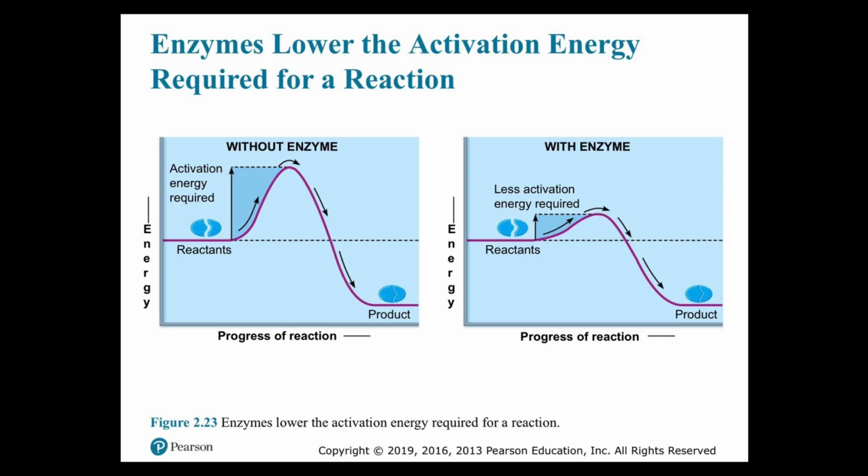If you notice, without the enzyme, in the figure on the left, the activation energy is that energy hurdle at the beginning that the enzyme would bring down. So it's very difficult to get products with a high activation energy, whereas in the presence of an enzyme, the activation energy is less, and so it's easier to go from reactants to products.